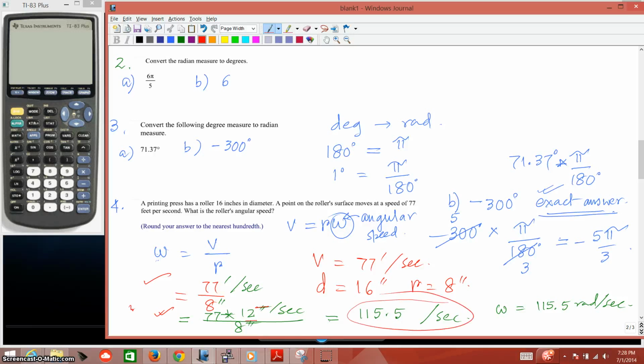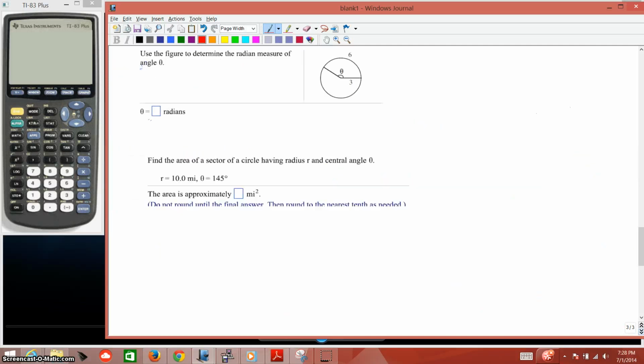That is my answer. If the angle has no unit, it defaults to radians, so the final answer is omega equals 115.5 radians per second.